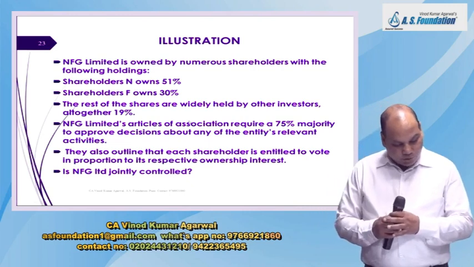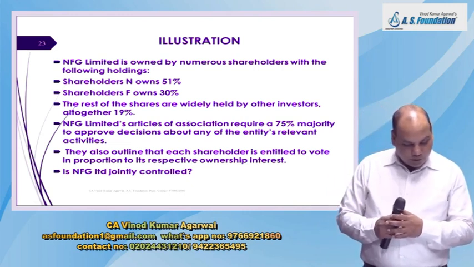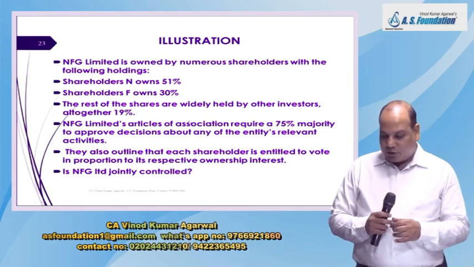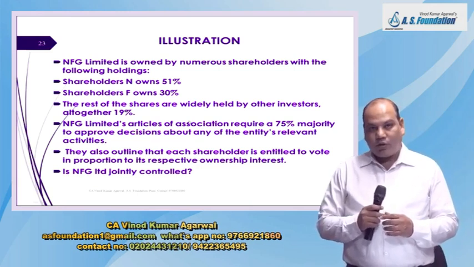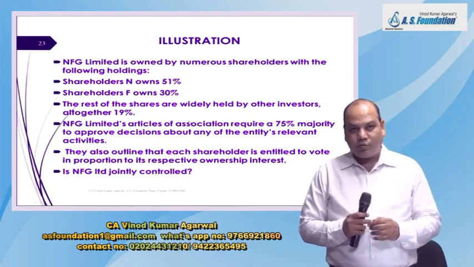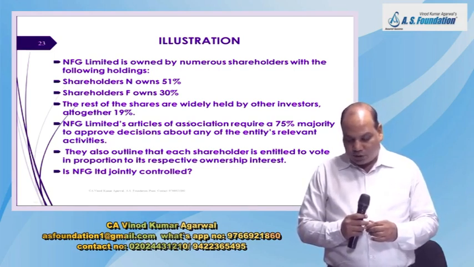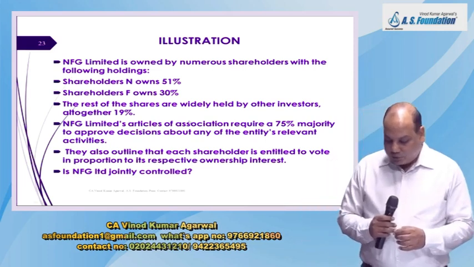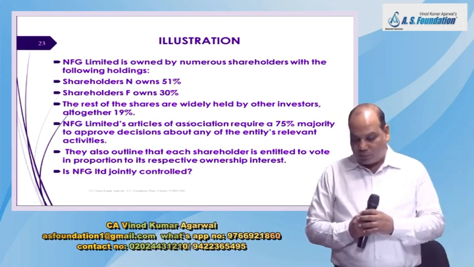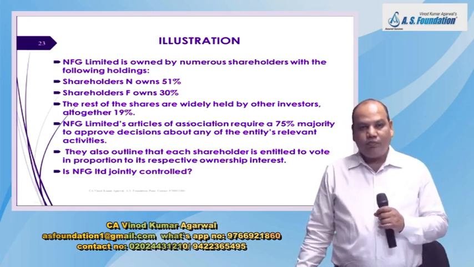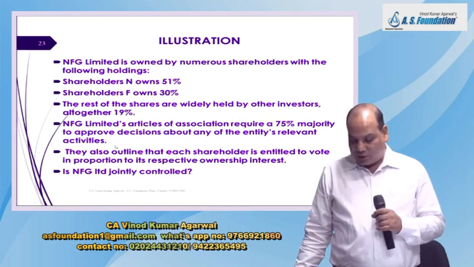Okay, now solve this question. It is just below that, number 18. NFG Limited is owned by numerous shareholders with the following holdings. Shareholder N owns 51%, F owns 30%, the rest all 19%. NFG Limited's AOA requires a 75% majority to approve decisions about any of the entity's relevant activities.